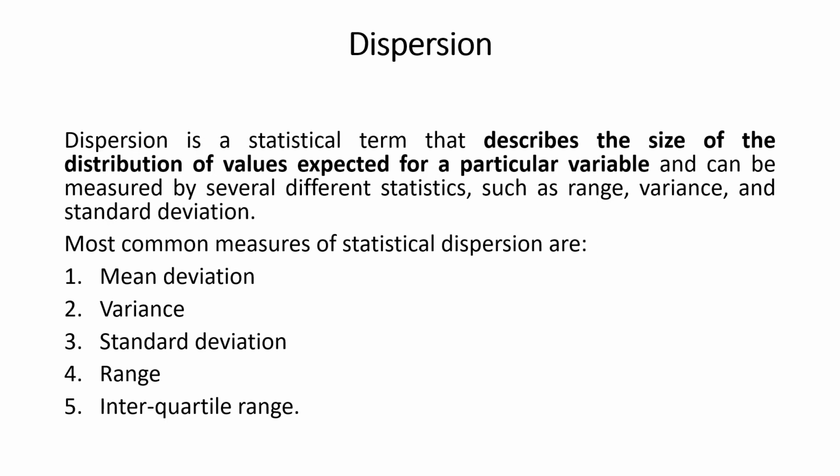The properties of a good measure of variation are: it should be simple to understand, easy to compute, rigidly defined, based on each and every item of the distribution, have sampling stability, and not be unduly affected by extreme items.